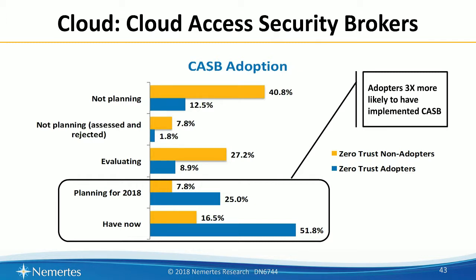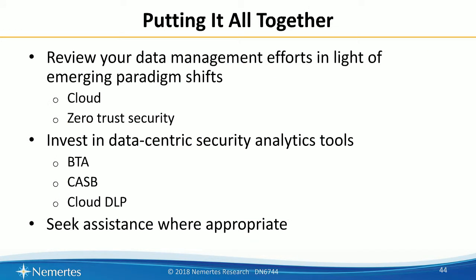Access security brokers can provide not just visibility into how external cloud systems are being used by employees, but also an added control plane, essentially, for quickly disabling access, for example. And so, again, fits hand in glove with the idea and the ideals of zero trust by providing both visibility and control into a broader array of systems.